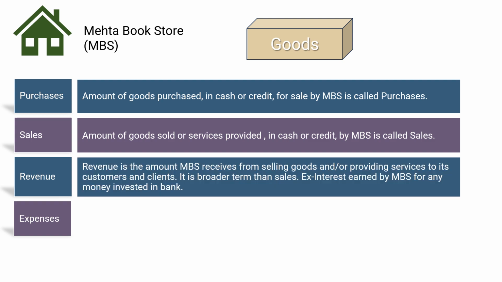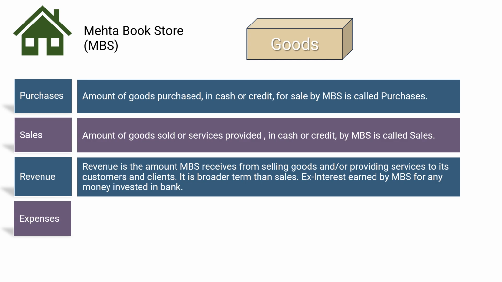Now coming to revenue. So revenue and sales are similar, but revenue is a broader term. It's a broader term which not only includes the sale of goods or providing of services, but it also includes any other income which is made by the organization, or Mehta Bookstore in this case.